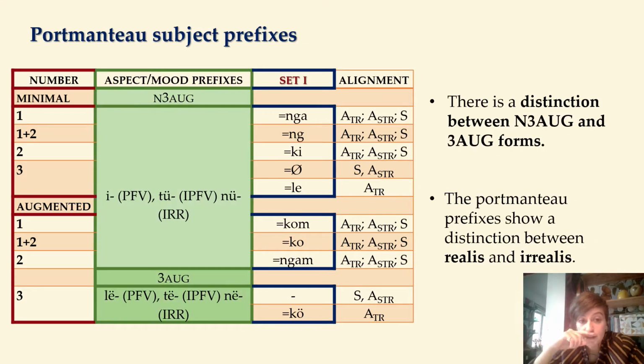Subject enclitics can co-occur with portmanteau subject prefixes, expressing also aspect and mood. So there is a number distinction, as we can see in the table, between non-third augmented forms and third augmented forms. Plus there is a further distinction between irrealis and realis.